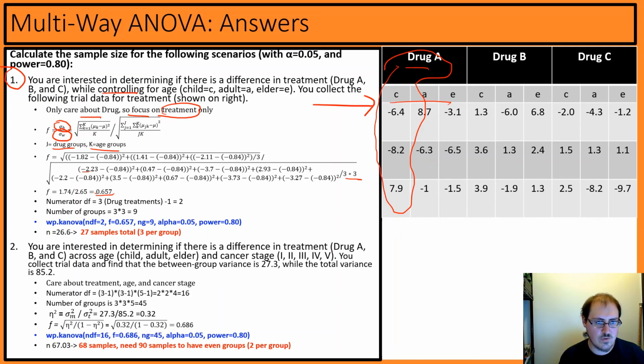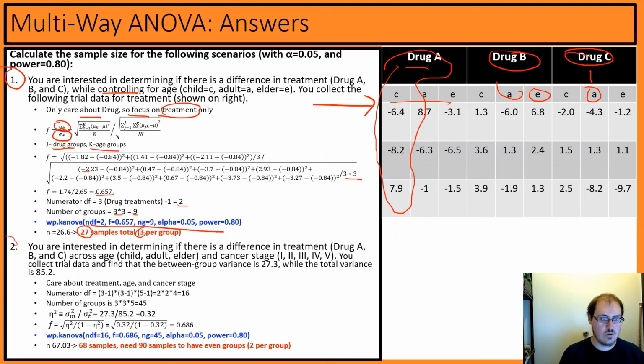Numerator degrees of freedom, drug treatments minus 1, is 2, and the number of groups is 3 age groups times 3 drug groups, which is 9. Plug that all into WebPower ANOVA to get 27 samples total, or just 3 per group. So we just need 3 adults taking drug C, and 3 adults taking drug B, and 3 elders taking drug B, and so forth.